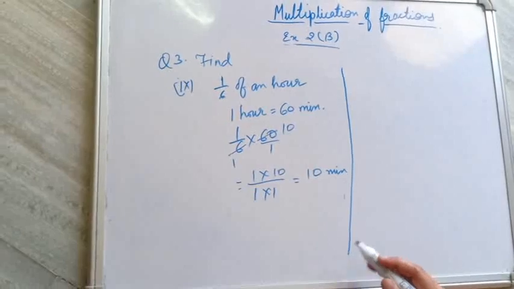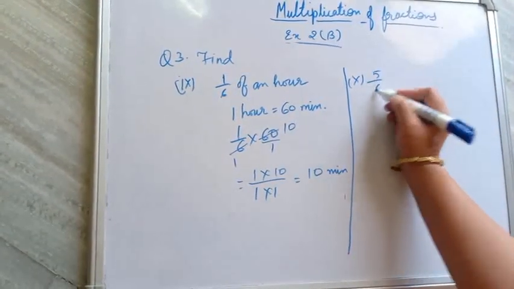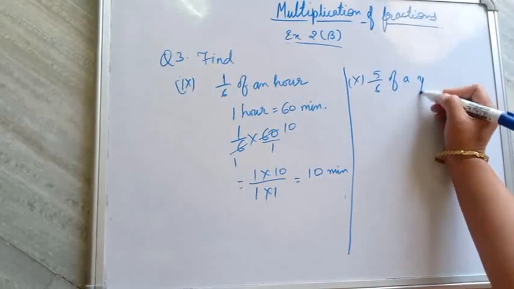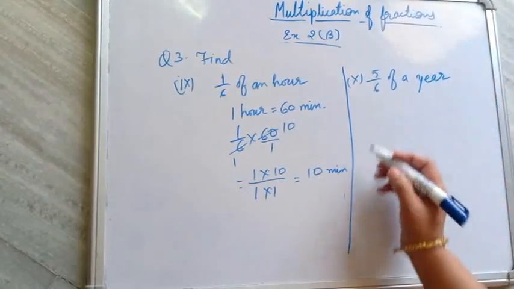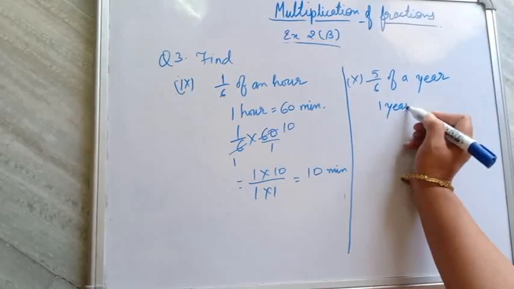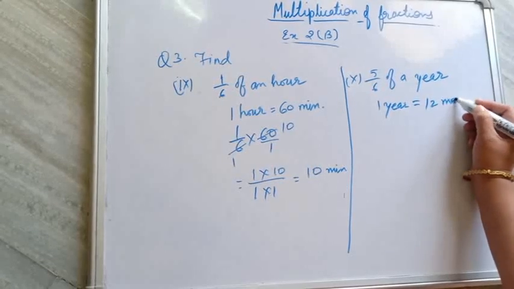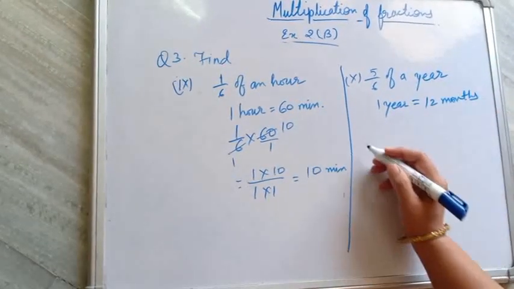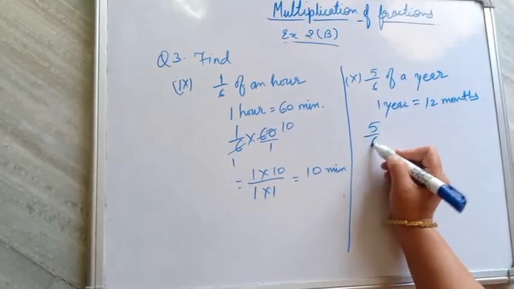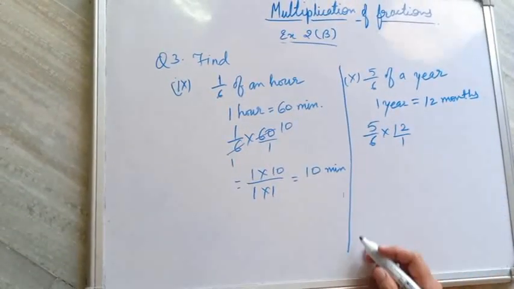Similarly, if they ask you to find 5 by 6 of a year, 1 year is equal to 12 months. So 5 by 6 of 12, you can write 12 upon 1.